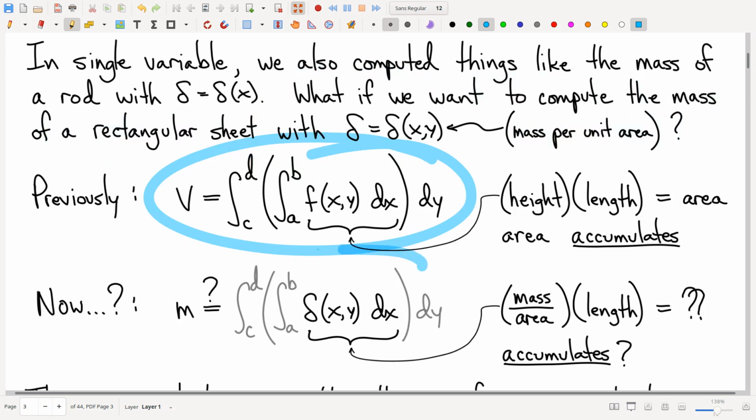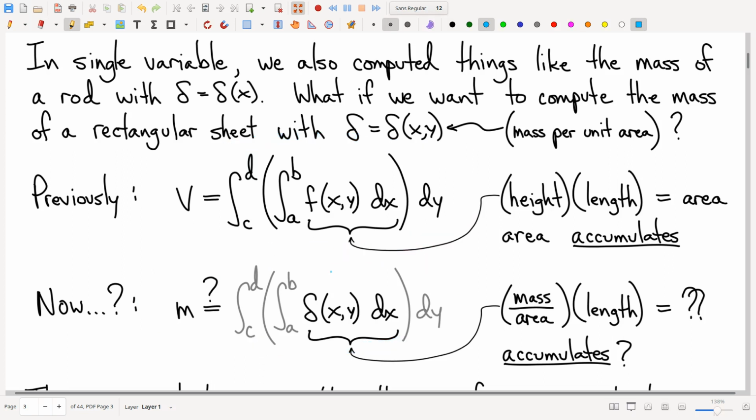Why wouldn't this here allow me to add up a bunch of slices of mass? So it would seem, right? And it doesn't work. As an argument, it doesn't work. As a result, it's going to turn out later that this will actually give you the right answer. But for reasons that we are not ready for yet, as an argument, it doesn't work.